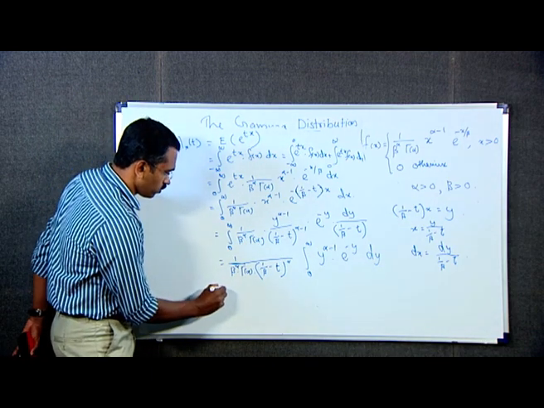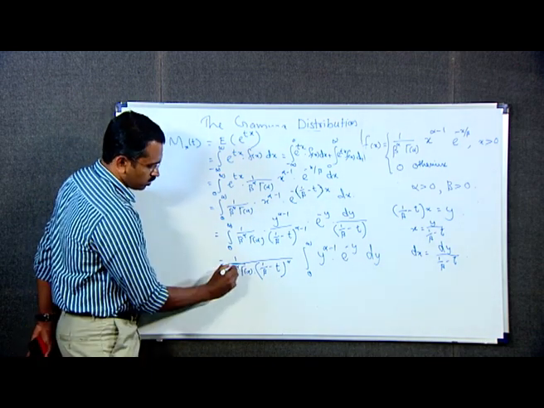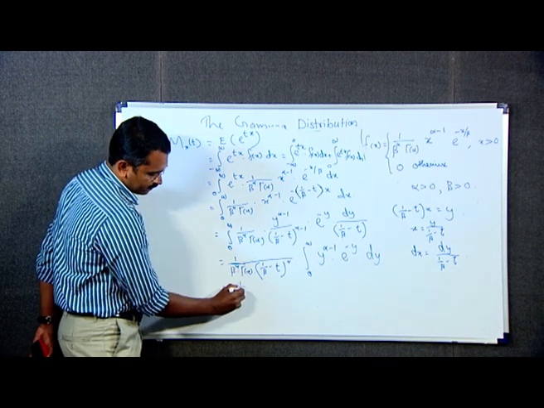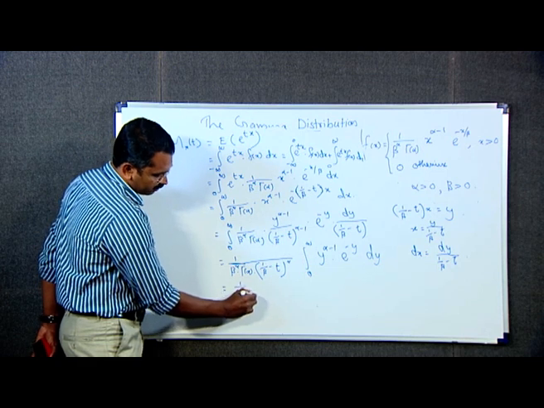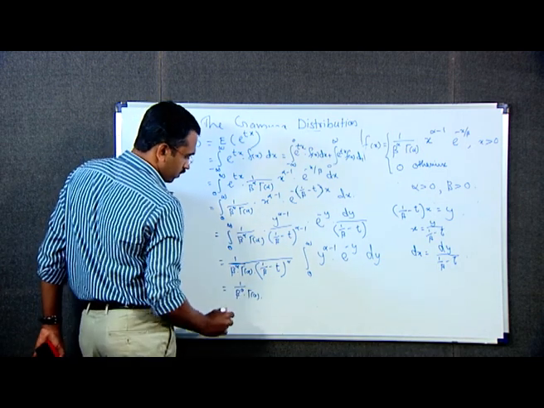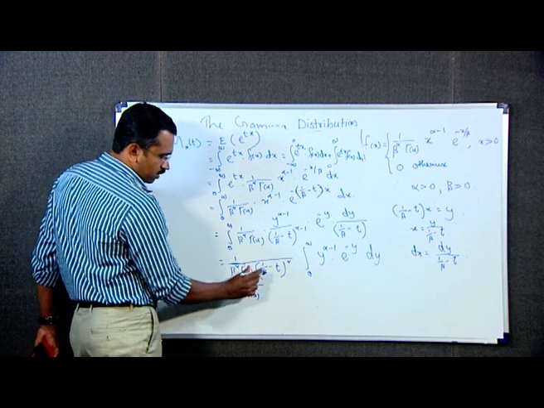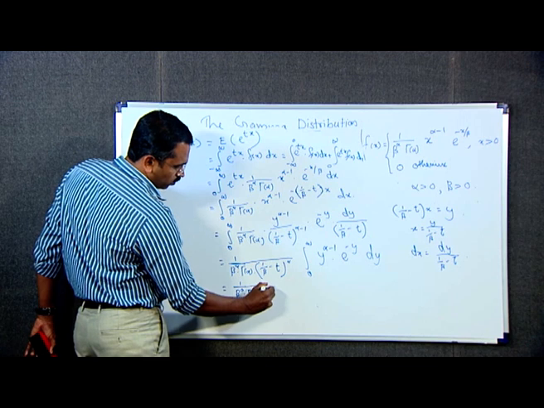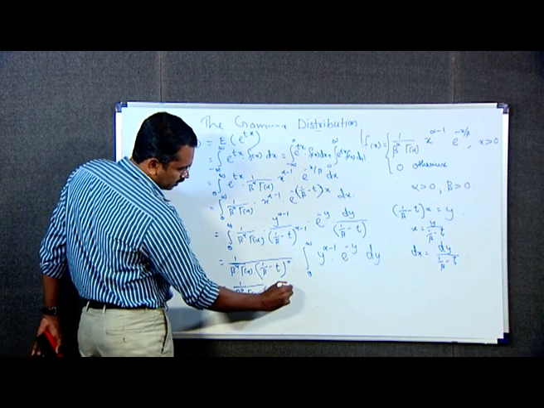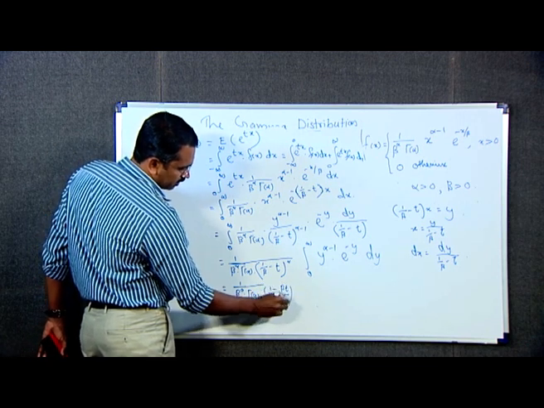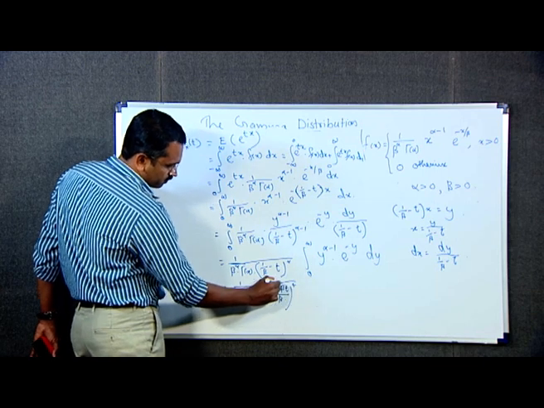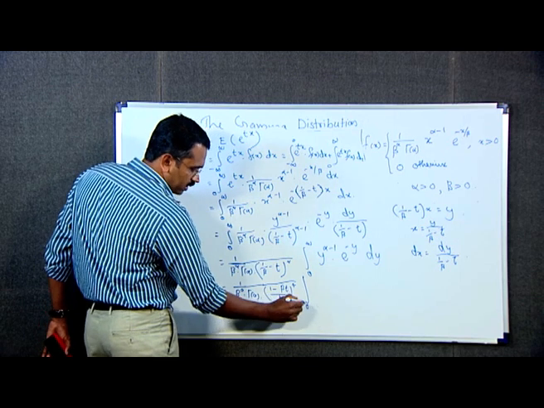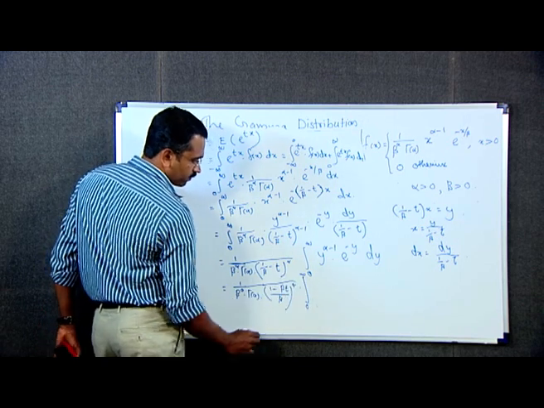This is equal to 1 by beta raised to alpha into gamma alpha into, here we can write this as, (1 minus beta t) all divided by beta, raised to alpha, into integral from 0 to infinity.